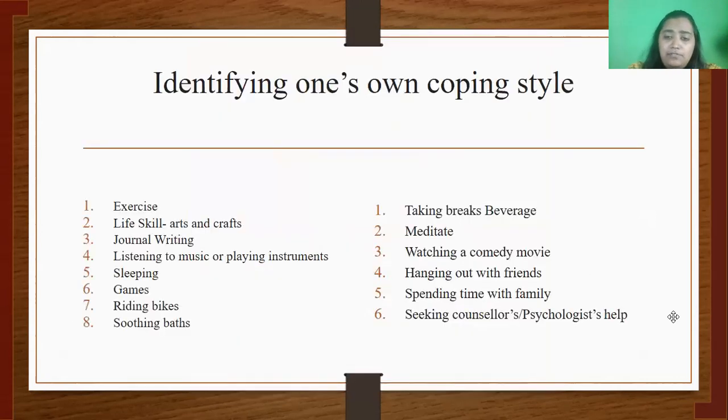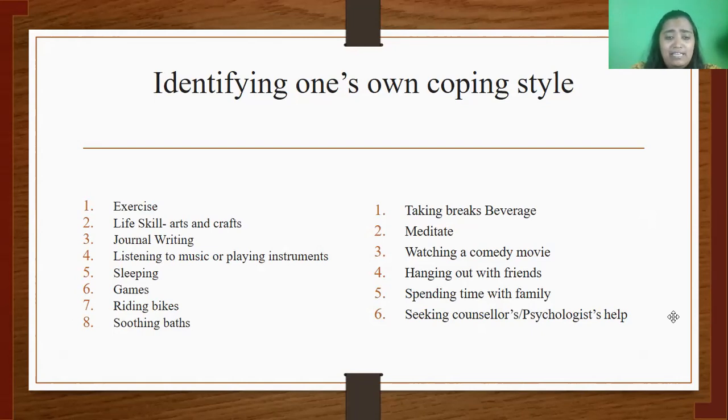Now, all of us have different ways of coping with a problem. Not everyone has the same style, right? So, there are a whole lot of things that we can do. Starting from exercise, you can look at life skills, maybe arts and crafts. If you have a hobby, you can look at that. If you're good at journal writing, that will help you a lot.